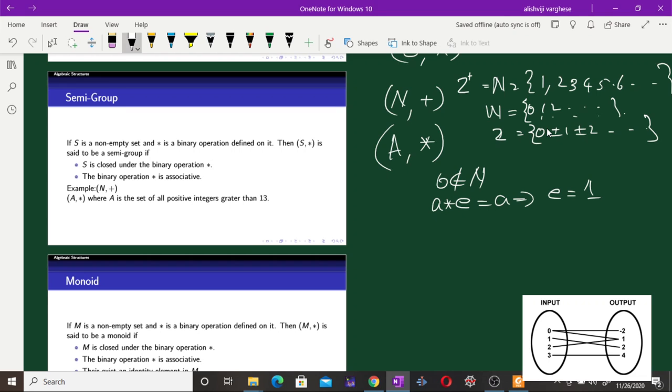And 1 does not belong to the set A, because we consider the set of all elements which are greater than 13. 1 does not belong to that, and therefore A star is also not a monoid.